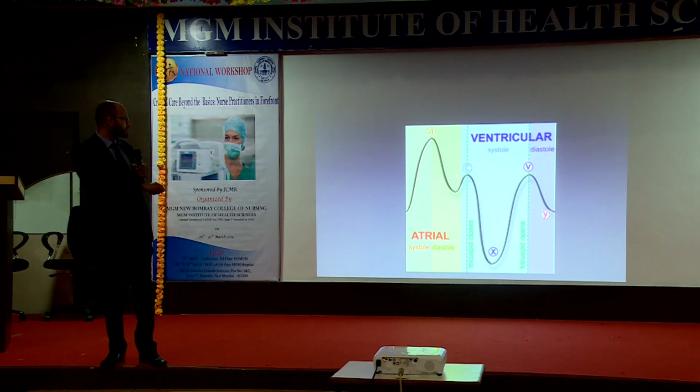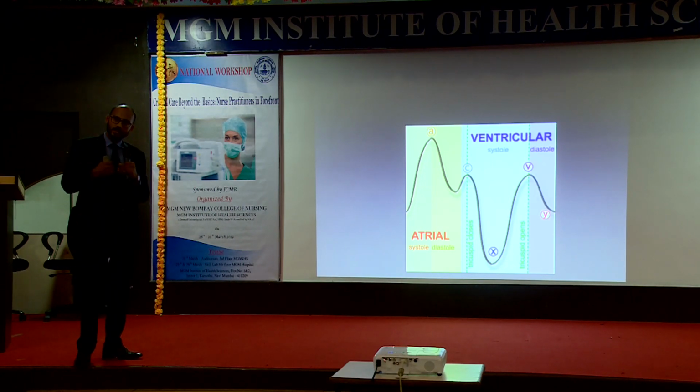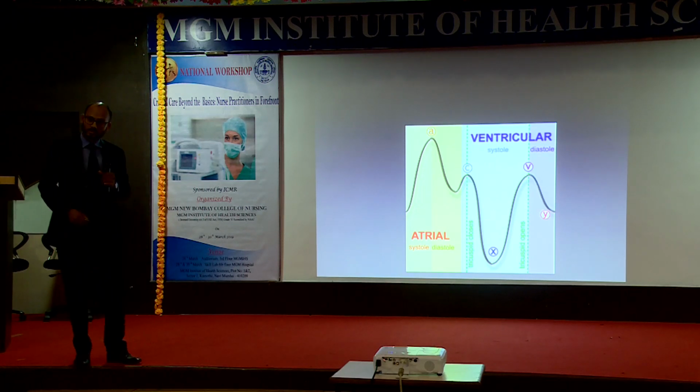And then it starts to relax until the tricuspid valve closes, and then you get another small blip over here called the C. Tricuspid valve closes, and then your atria starts to relax. When your atria relaxes, you get this big descent in pressure. So X wave is due to atrial relaxation. A wave, atrial contraction; X wave, atrial relaxation.